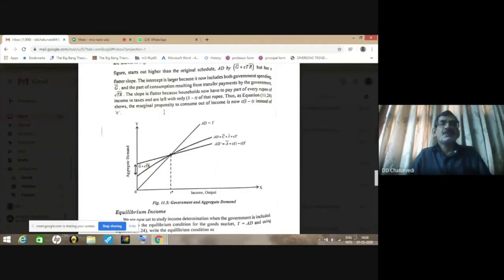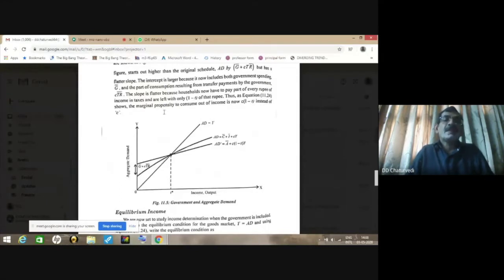This shows that when the government sector is included, the intercept on the y-axis takes place at a higher level, and the slope of the aggregate demand decreases, because by including the government sector, taxes reduce the disposable income and hence consumption.